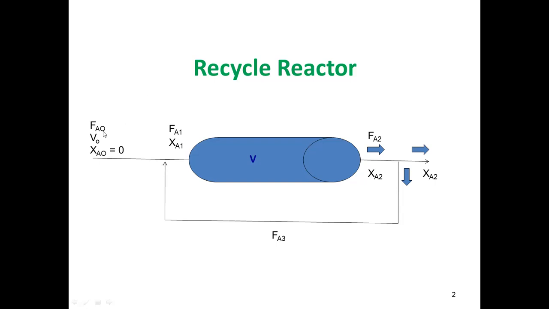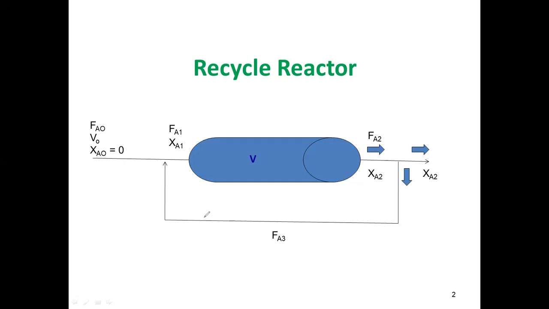So we have here the molar feed rate, FA0, subscript O. This is the volumetric flow rate, V sub O. And this is your initial conversion, which in the case of the recycle reactor is assumed to be 0 in this particular illustration. Now, I'd like to annotate this part.